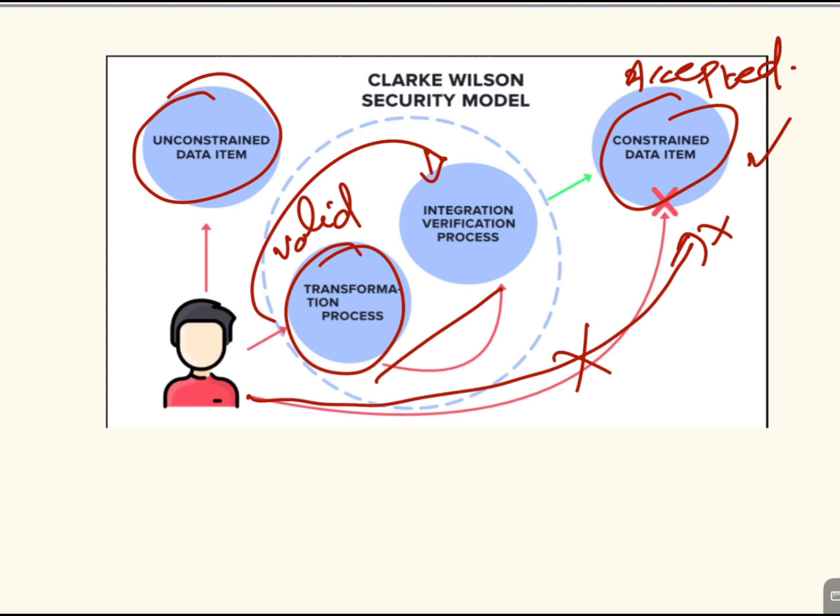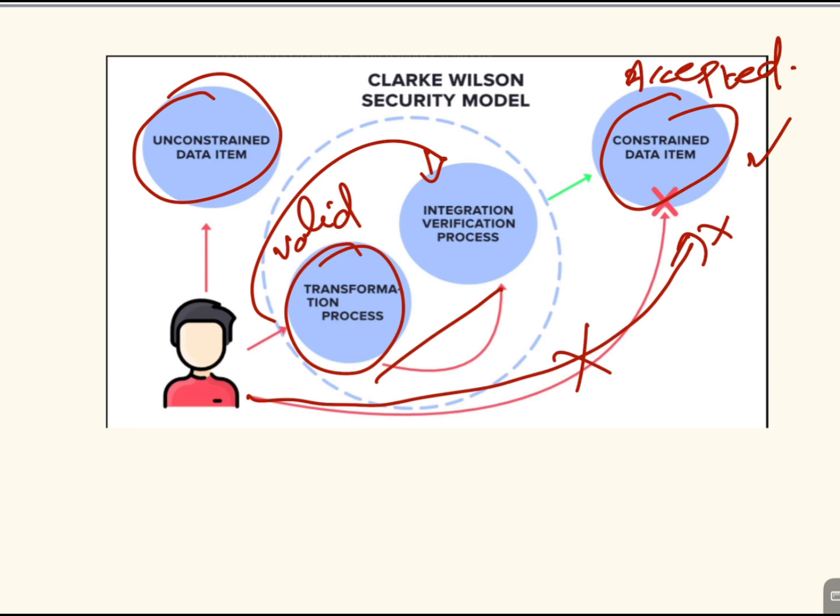So where is this Clark-Wilson model used? Financial systems prevent unauthorized modification of banking records. ERP, enterprise resource planning systems, ensure controlled access to business records. E-commerce transactions prevent fraud in online purchases.